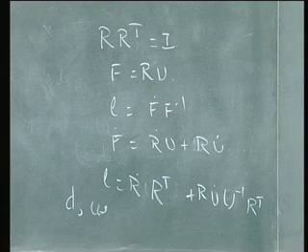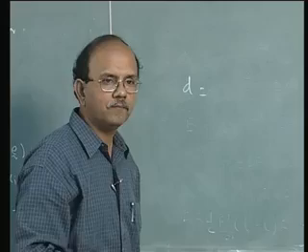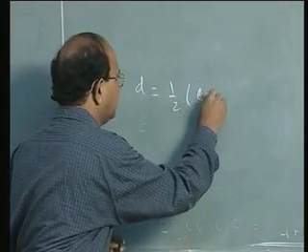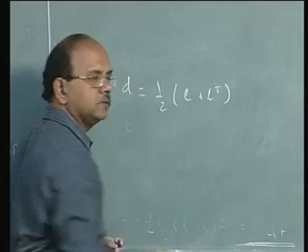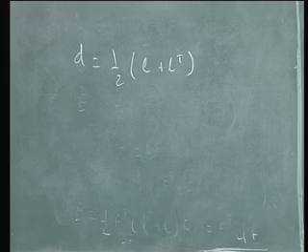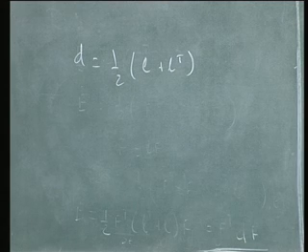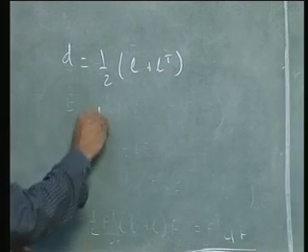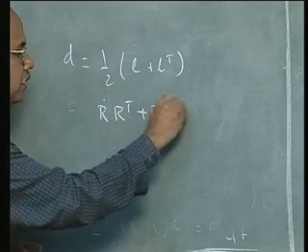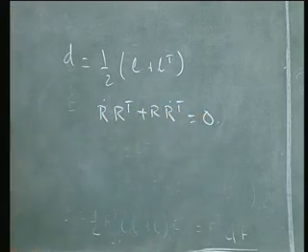Now if you want the next step also, I'll give you a clue. What is D? Yes, half of L plus L transpose is what it is. Calculate L transpose, okay, and then use the first equation R dot R transpose plus R R dot transpose is equal to 0.